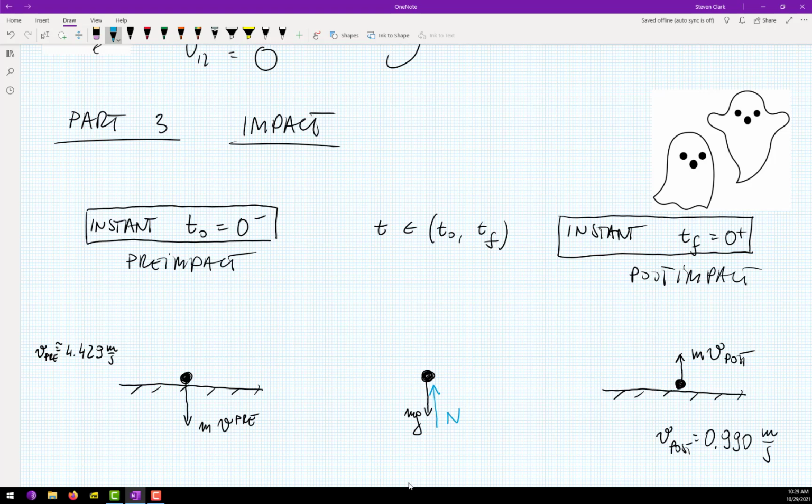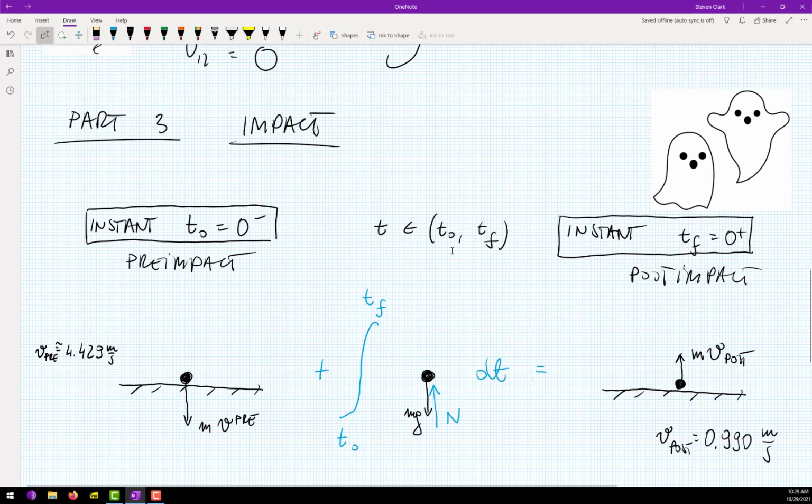By the way, mg can be neglected when it comes to impacts. Neglect mg. We are only going to take care of n. Let's not forget about our integral t0 to tf dt. I think that's it. We are done with our momentum diagrams.